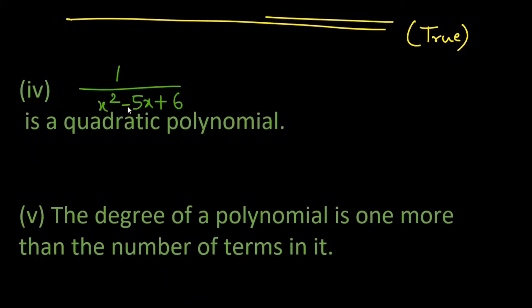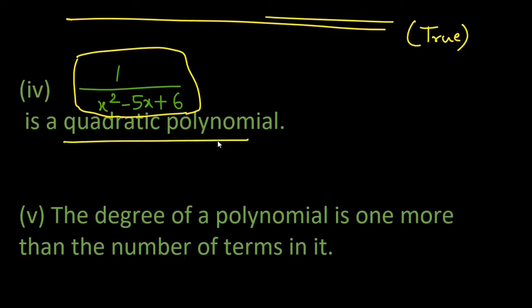Fourth one, 1 by x square minus 5x plus 6. This is a fractional expression. Is this a quadratic polynomial? The denominator is a quadratic polynomial, but this entire expression is not a polynomial.